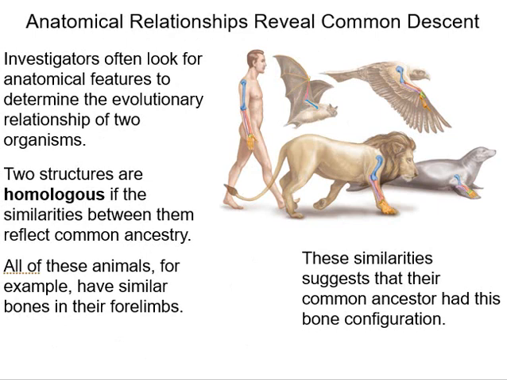Here is some examples. There's a hawk, a seal, a lion, a bat, a human arm. We all have the same bones. And they're all homologous. My right arm is homologous to the right leg of a lion, to the right flipper of a seal, to the right wing of a bird of prey, and to the right arm of a bat.